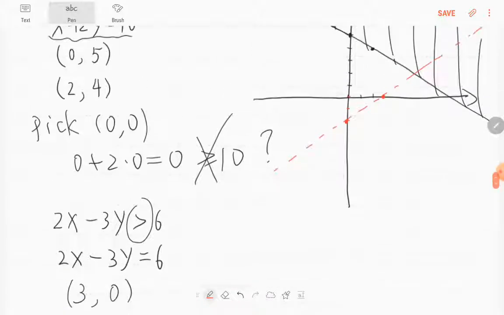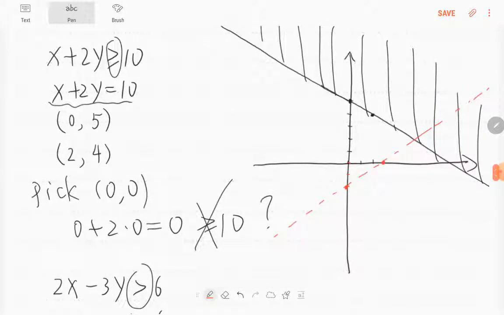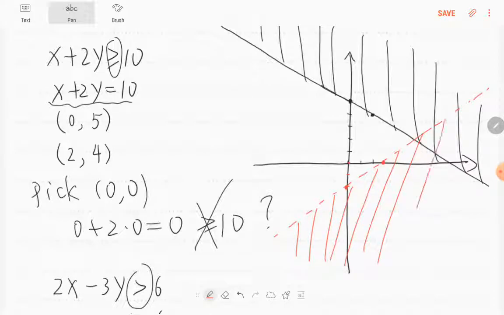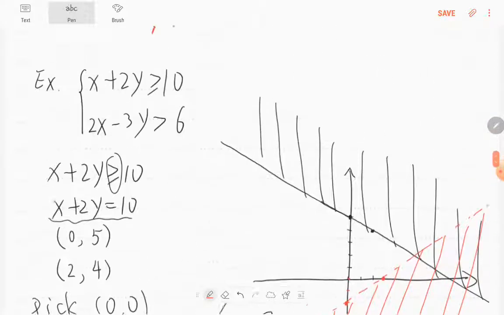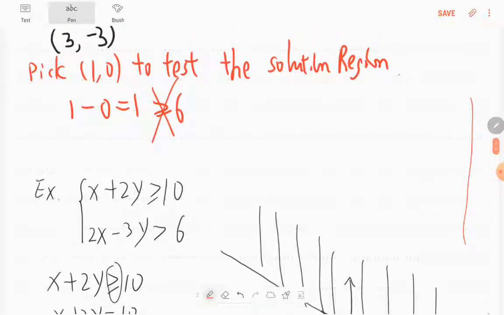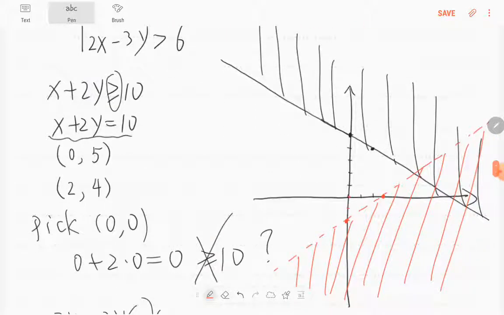So in other words, the half plane containing the origin is not in the solution set, so the solution would be this part. So this part, right?